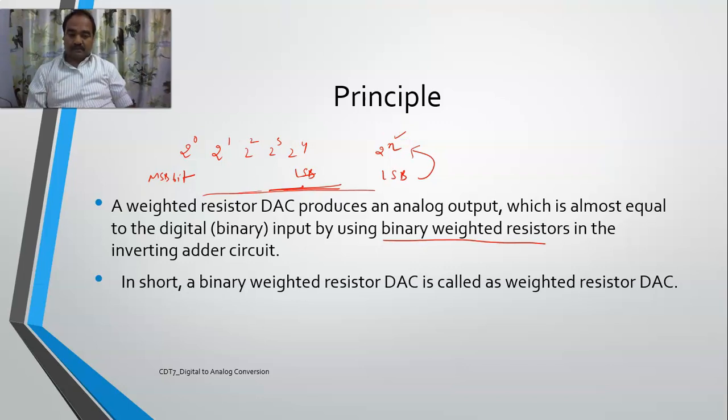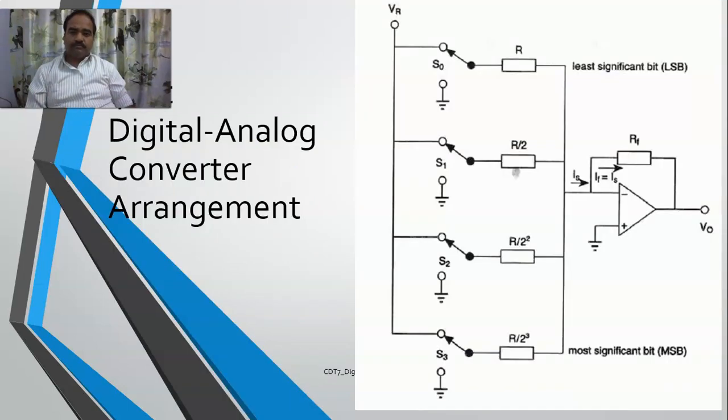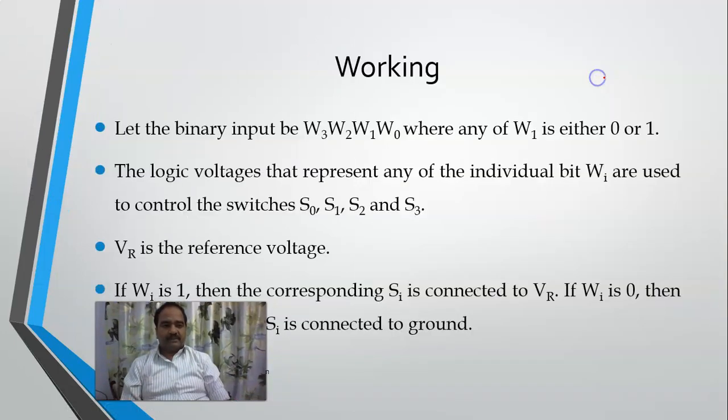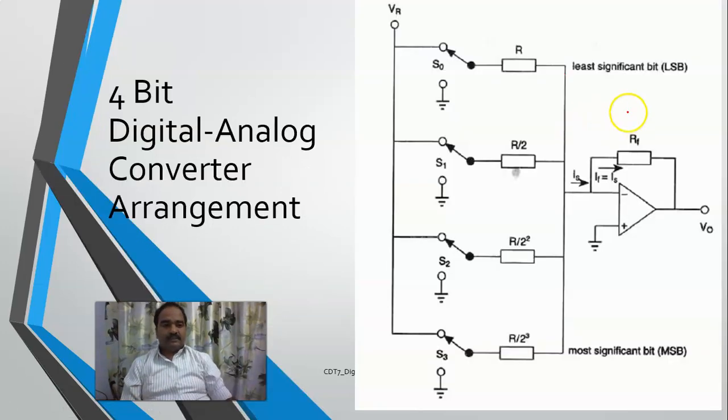So let's have a quick look at these things. This is a 4-bit digital to analog converter arrangement. If you carefully see, this is your least significant bit, and this is your most significant bit. Now let us suppose this is your voltage, which we call the reference voltage, and here these are the switches.